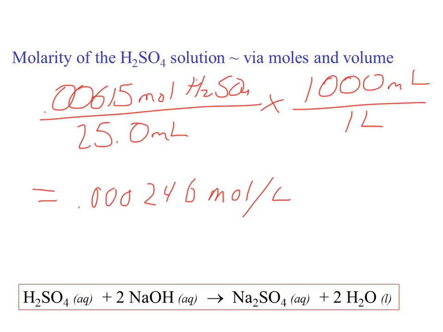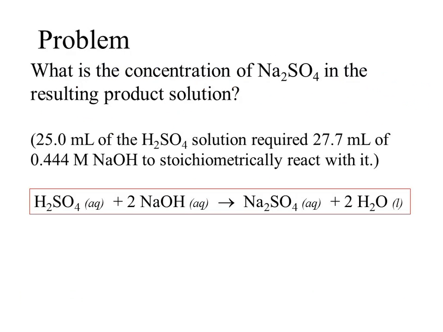Okay, so like I said, there's all sorts of different variations on this. Now this is a slightly different variation. Let's read it and diagram it underneath there. It's working with the one we just did, where you came up with the concentration of H2SO4 based upon 25.0 milliliters of NaOH.